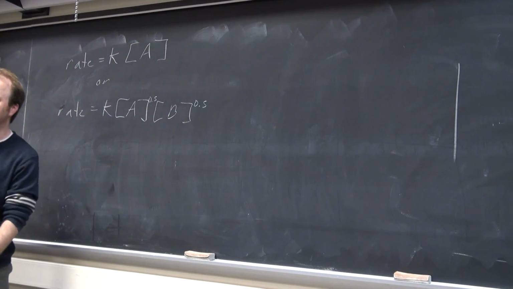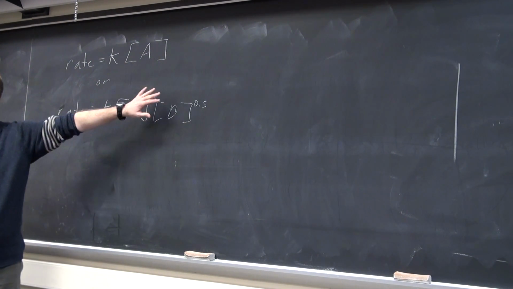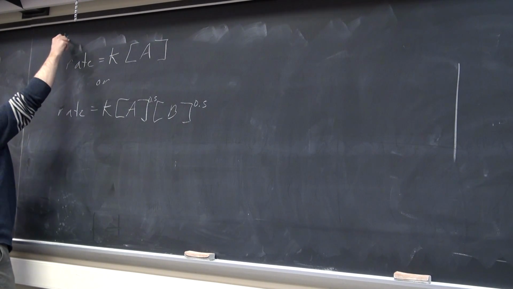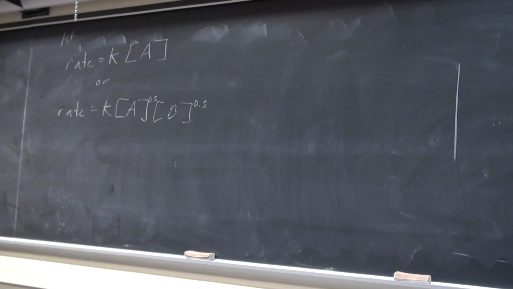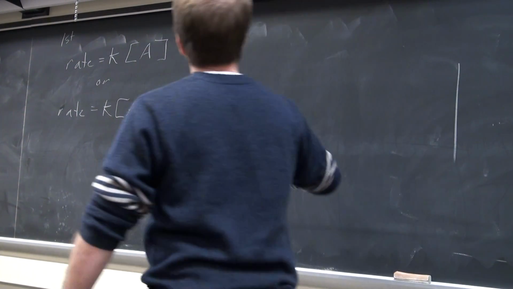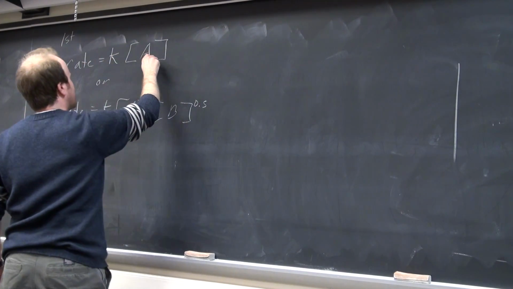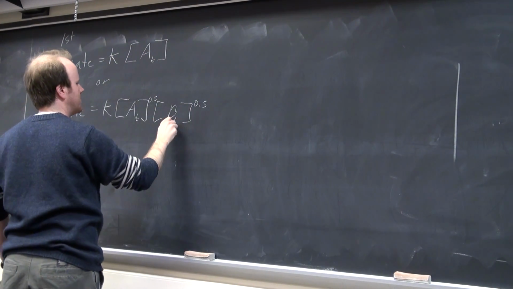That thing is still first order. We don't really know how to plot this. But if you take the simple expression for rate, and if you plot, for first order, let's say A of t, B of t.